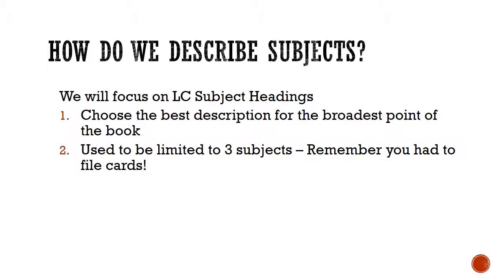The more cards you had to file, the more hands you had to hire in order to do that. But now in the digital world, we're not limited to those 3 subjects, but most people do kind of keep it to that level of description about the topic of the book.